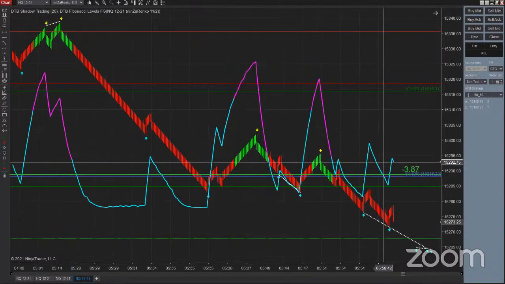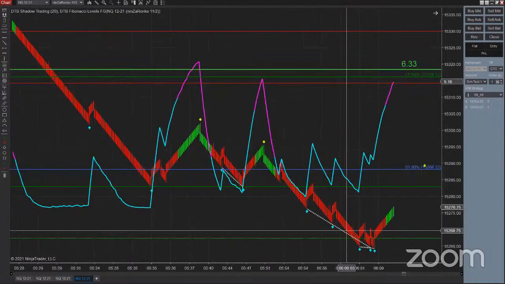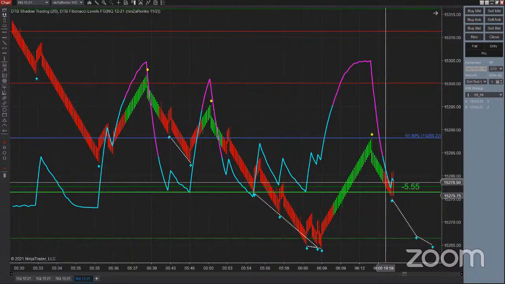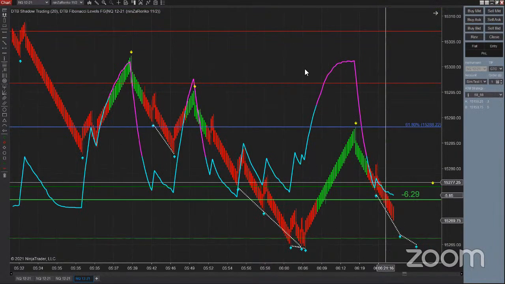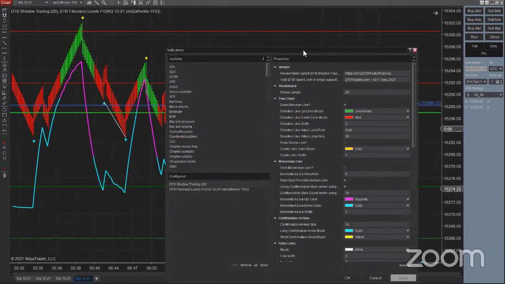Like if you were looking for a buy, you'll wait for the bars to turn green first before you enter long. If you're looking to enter a sell, you wait for the bars to go red before you enter a sell. So that's basically a confirmation type of thing, to give you slightly better entries.